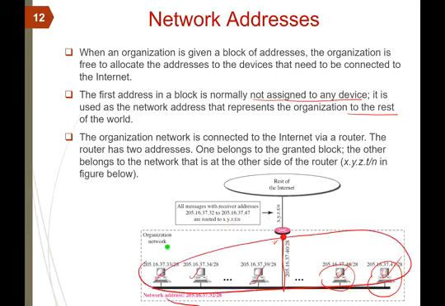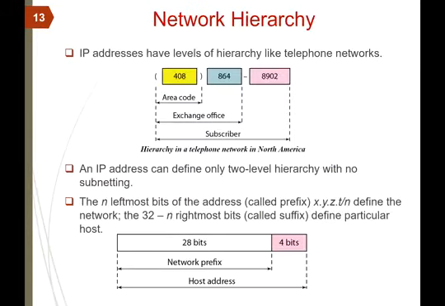This is another address. The other belongs to the network at the other side of the router. So they are different. Maybe the n is different from this 28. We'll study routing in more detail later.